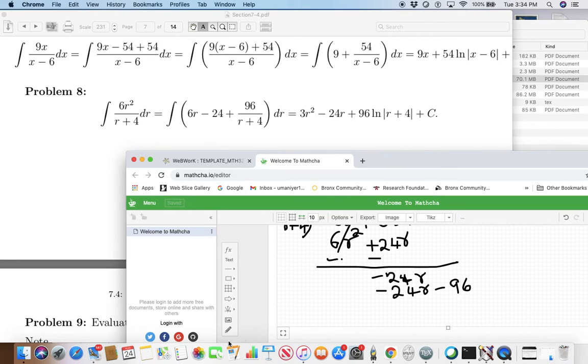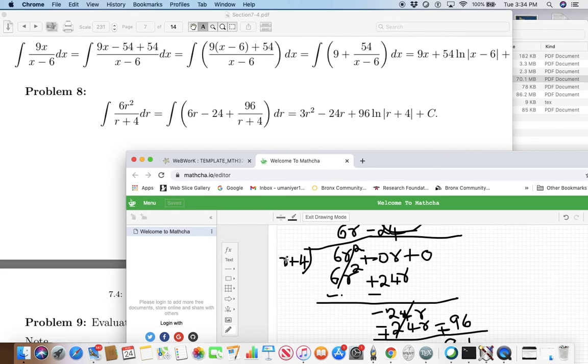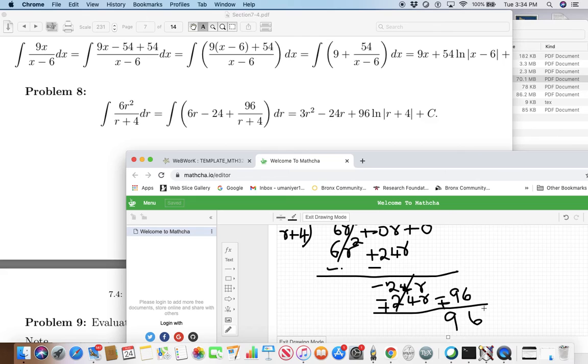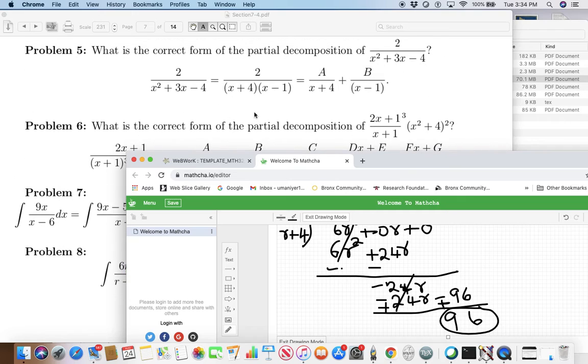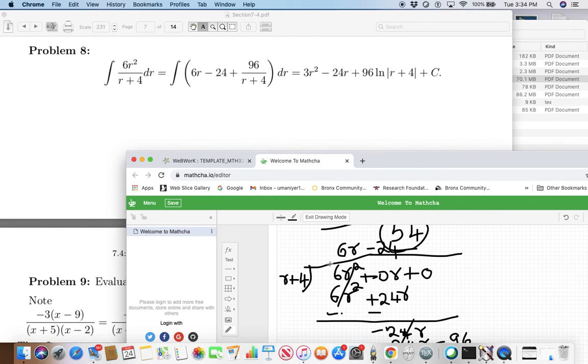When I subtract, you essentially change signs. These cancel and we are left with positive 96, which has degree less than r plus 4, so that's your remainder. So the remainder continues and the quotient is 6r minus 24. So the quotient first plus a remainder that's not yet finished division, so you still have to write the denominator.